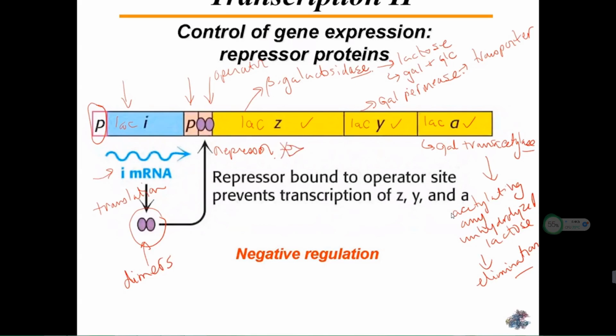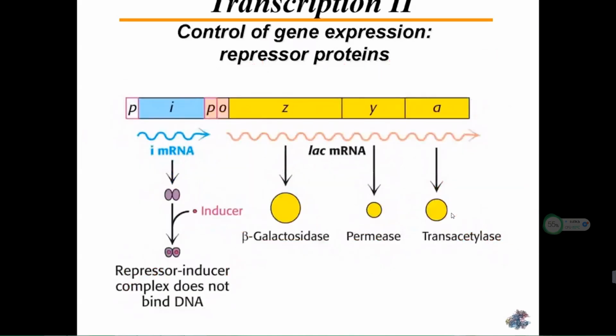And in this sense, it is said that the lac operon is negatively regulated by this repressor protein. All right, so how do we get gene expression when we have the repressor bound all the time and the gene is negatively regulated?